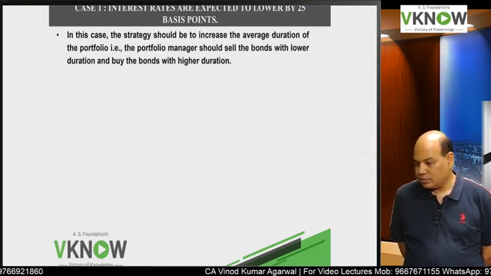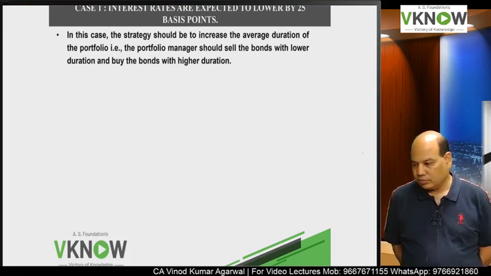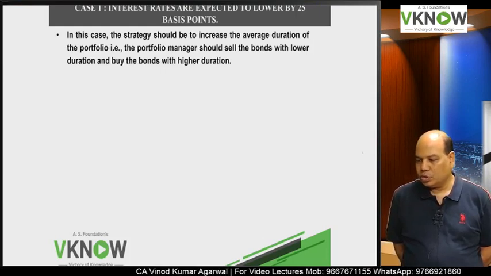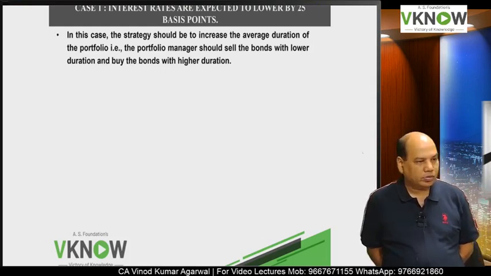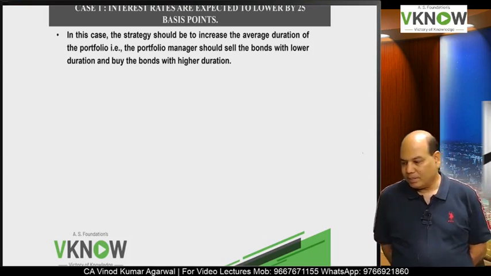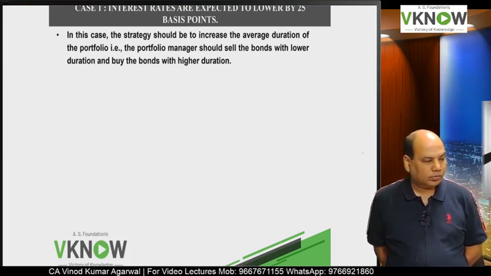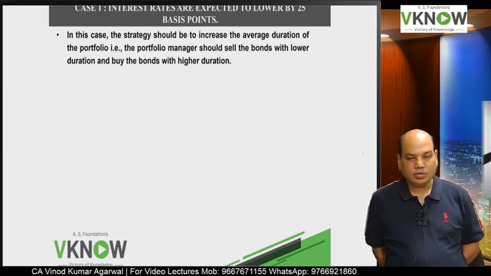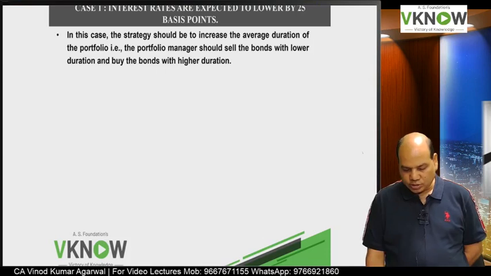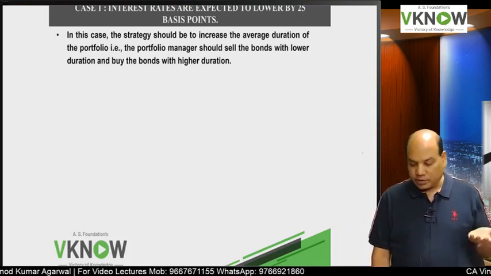That is, the portfolio manager should sell the bonds with lower duration, and buy the bonds with higher duration. So increase the average duration, you will get more price appreciation.